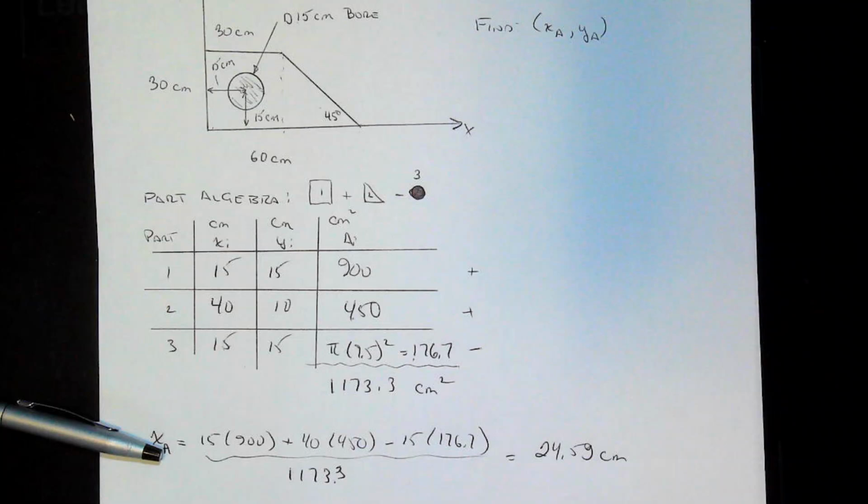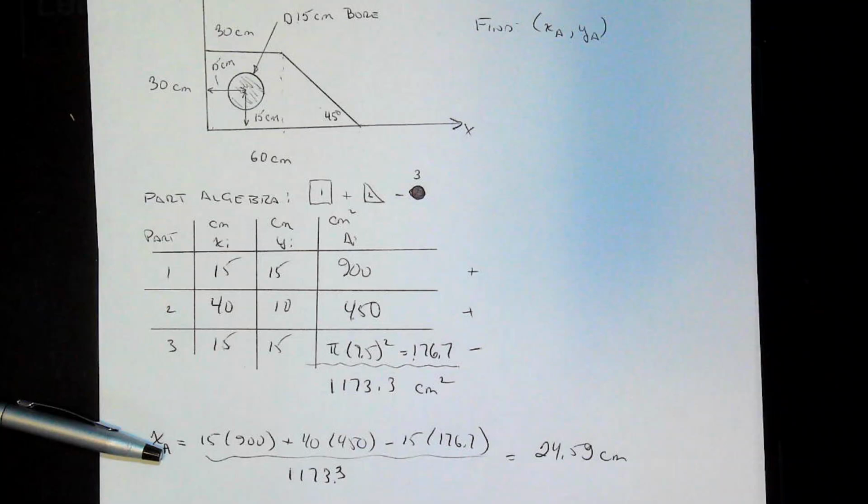Okay, so we have 30 by 30. Well, that's 900 for the first part. Here we have 30 by 30. It's a triangle cut in half. 450. And then down here, we have a diameter of 15 centimeters, hence a radius of 7.5. So that would be pi 7.5 squared, which is 176.7 centimeters squared.